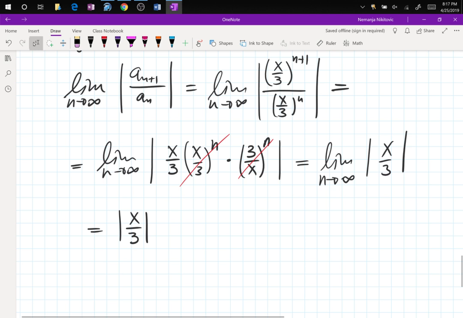When it's less than 1. You get to set this less than 1, because you want the convergence. You want convergence to be revealed to you.